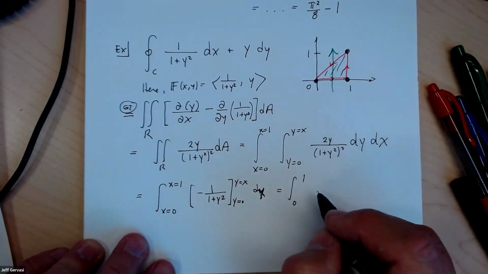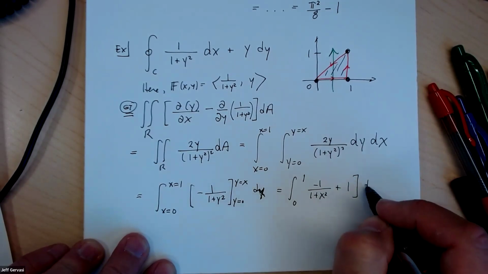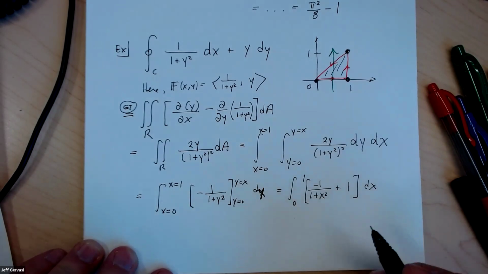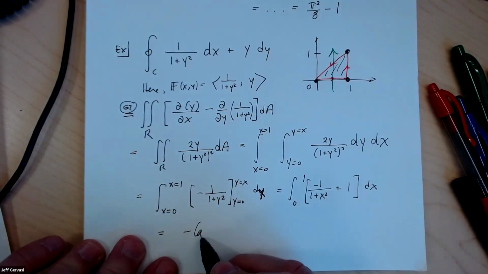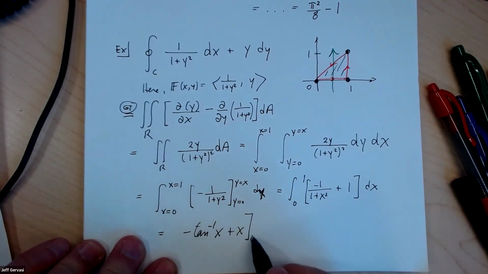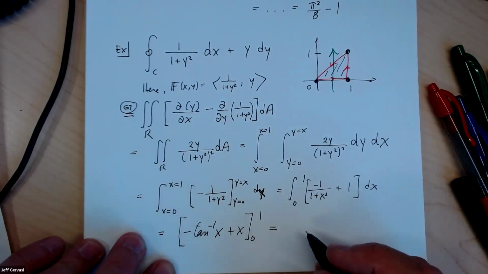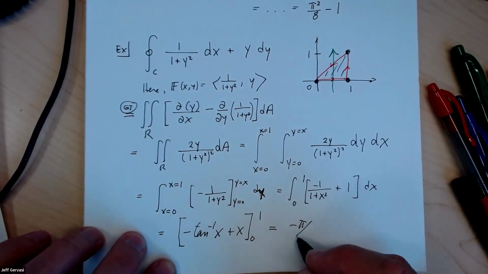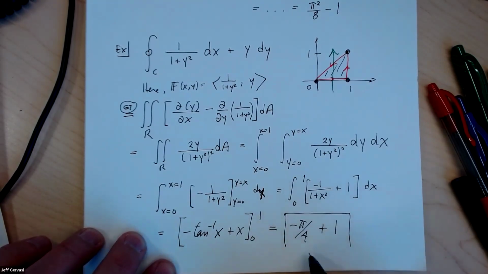Okay. Looks like we're going to wind up with -1 over 1 plus x squared plus 1. Okay. And when we integrate that, it looks like we'll get inverse tangent of x plus x from 0 to 1. To get -pi/4 plus 1.